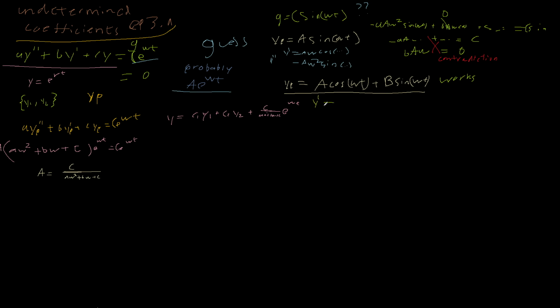You find y prime is equal to B omega cosine omega t minus A omega sine omega t, and then y double prime is equal to negative A omega squared cosine omega t minus B omega squared sine of omega t.